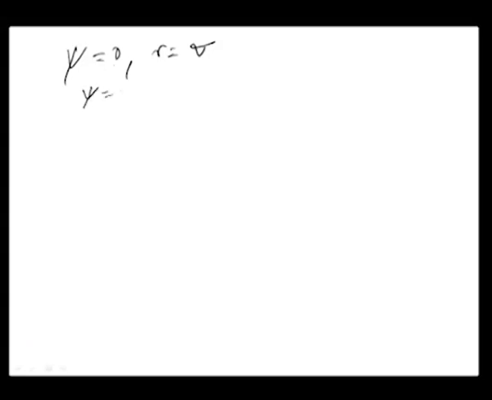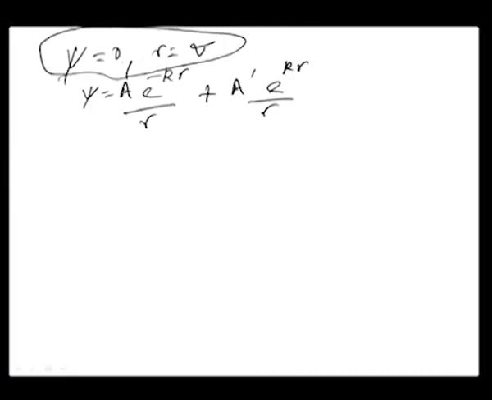If xi equals a e to the power of minus k r by r plus a dash e to the power of plus k r by r, and xi equals 0 at r equal to infinity, then a dash automatically becomes 0, otherwise this term will be undefined.